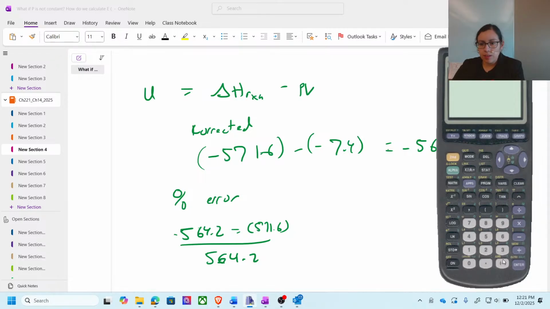So let's see. And I'm sure you guys can already tell it's going to be pretty low. And now convert it to a percentage. So about a 1.3% error, right, if we do not do that proper calculation.